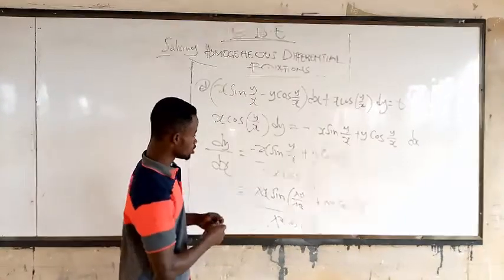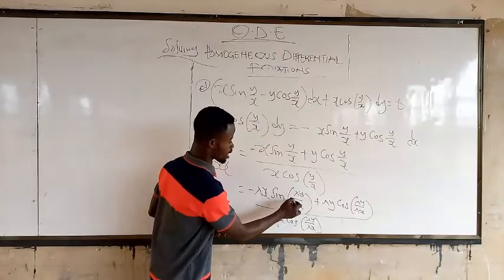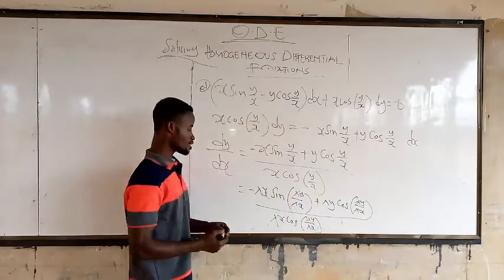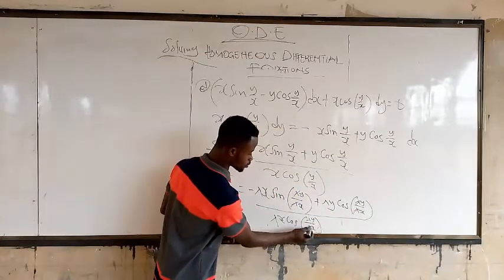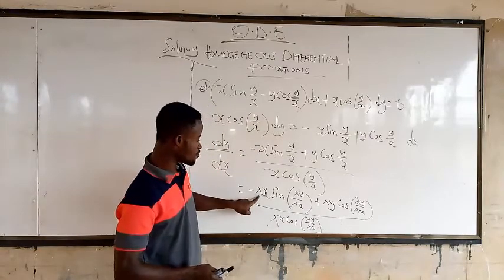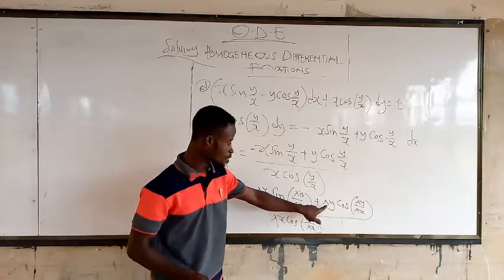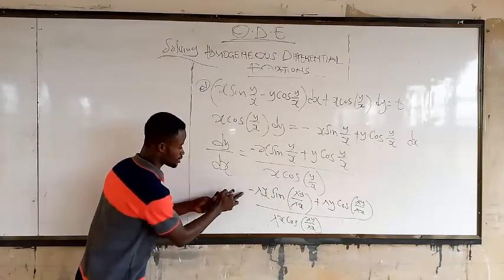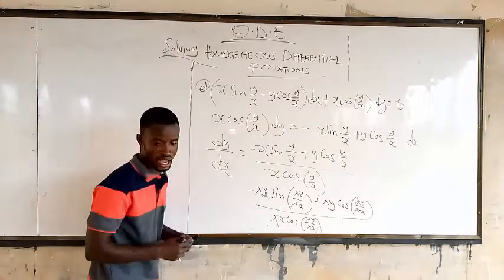Simple. This will cancel this, this will cancel that. And now this one too will cancel that. And you can see that here, the lambda here, and the lambda here, we can factor those lambda out.